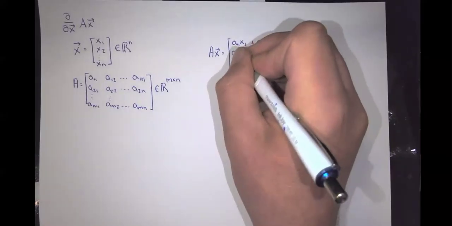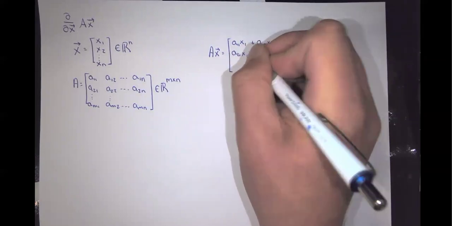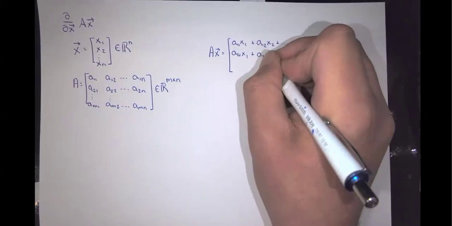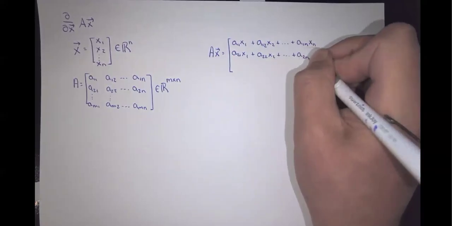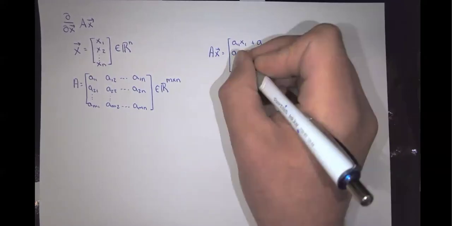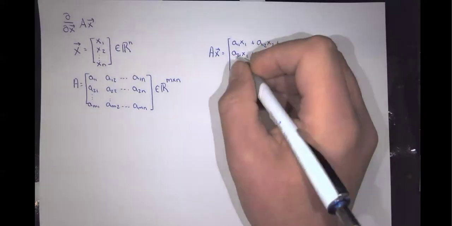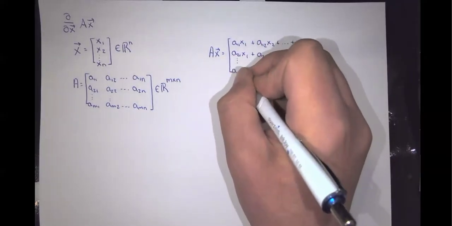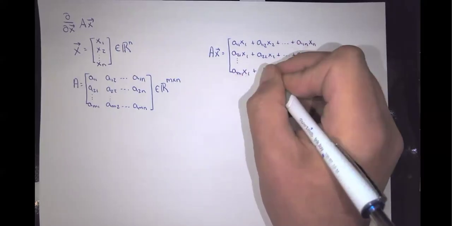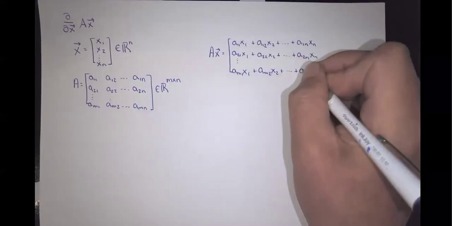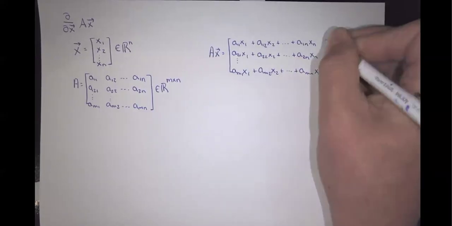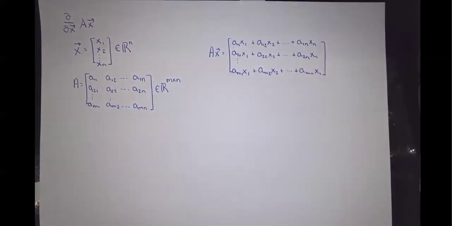Then row 2 is going to be A21 X1 plus A22 X2 plus etc., A2n Xn. On the last row, we're going to have AM1 X1 plus AM2 X2, AMN Xn. And so that's what our AX looks like, and we want to differentiate that with respect to X.